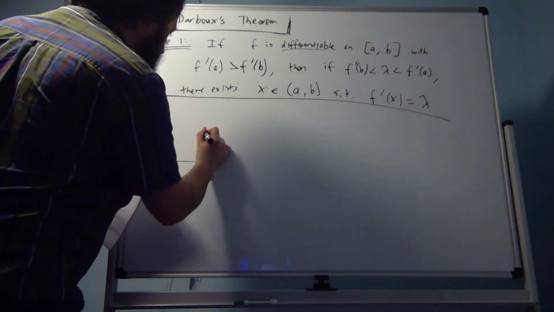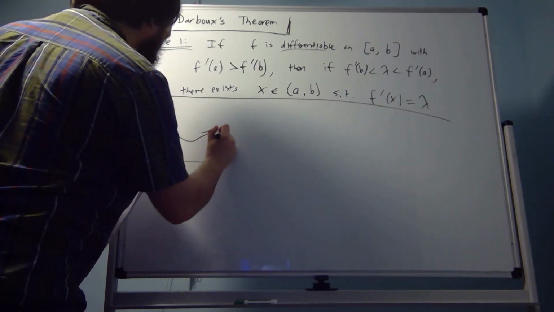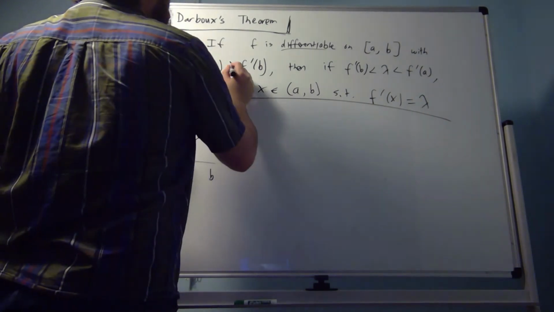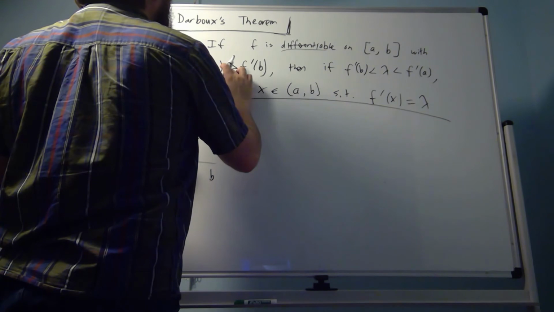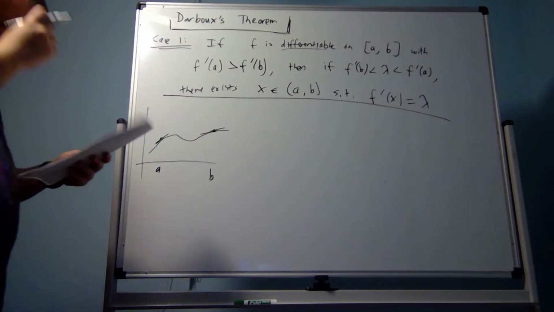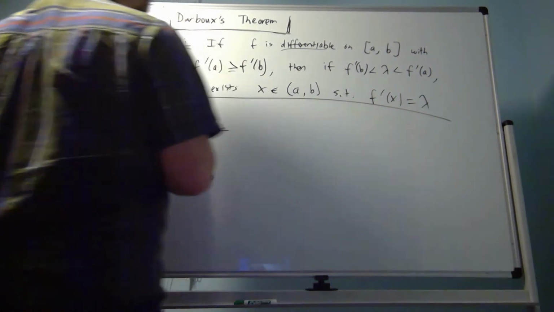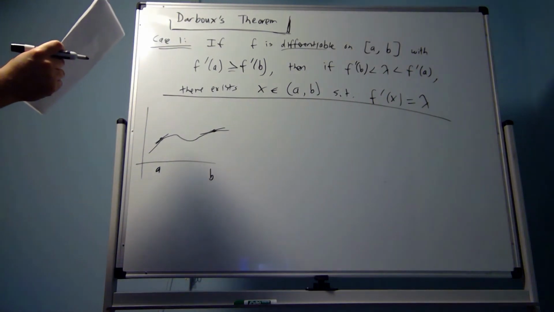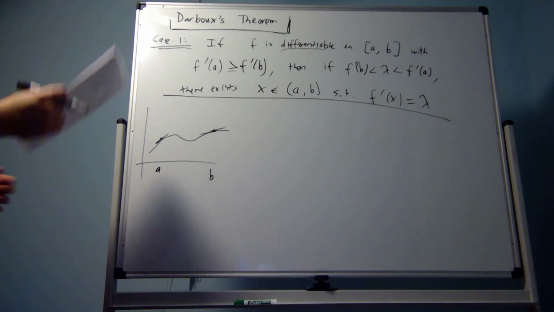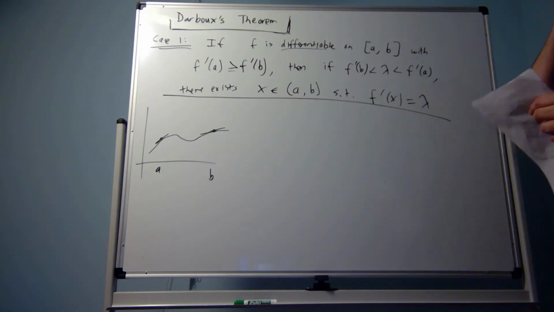But I'm going to draw two positive slopes. So this one's steeper, this one's a little bit shallower. So we can do that. All right. So that's what the picture looks like.